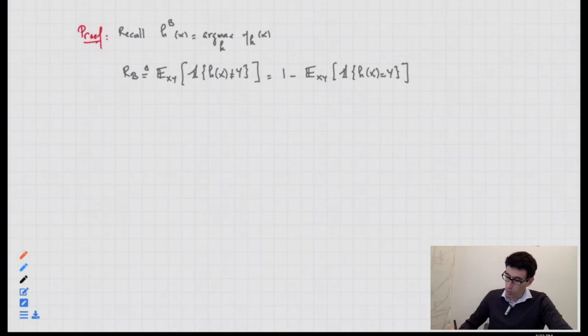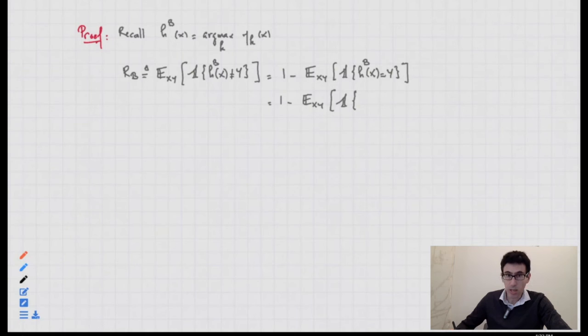Now, we can plug in, and if I'm a bit more specific, I should indicate that the classifier we're looking at is the Bayes classifier. Since we have the definition of the Bayes classifier, we can write that as 1 minus the expected value over xy of what? Well, the indicator function. When is the result of the Bayes classifier equal to y?